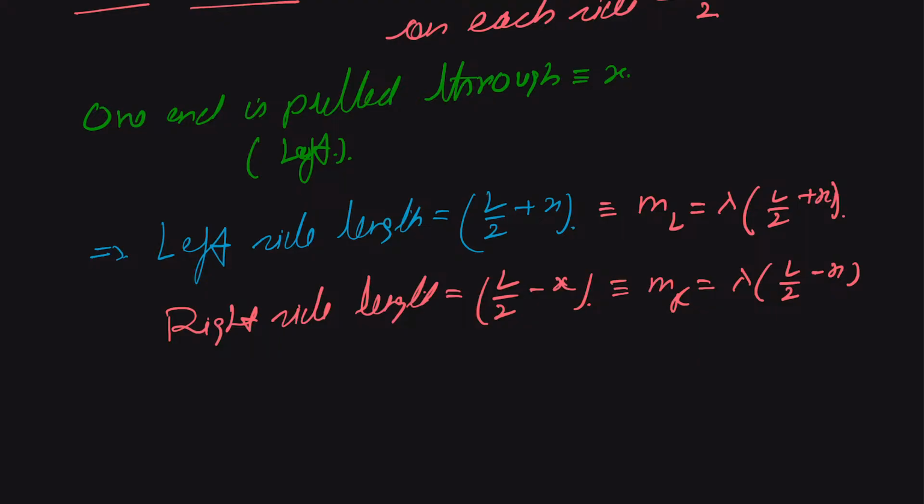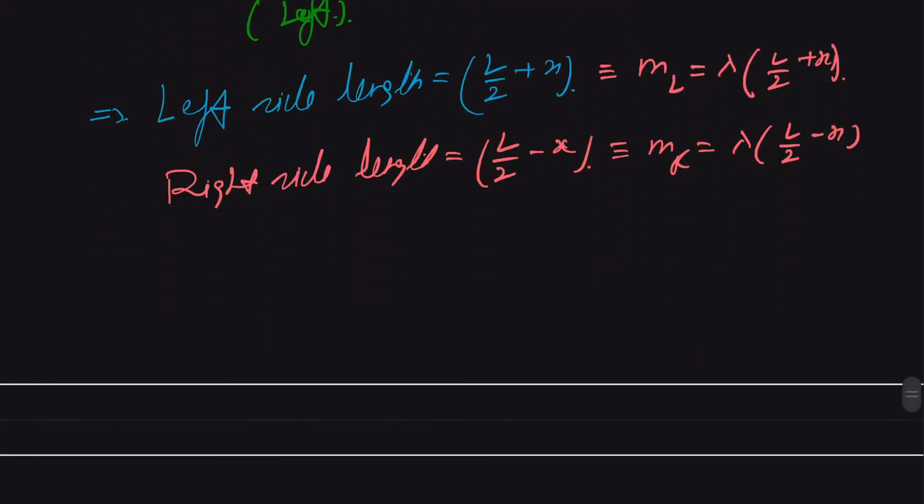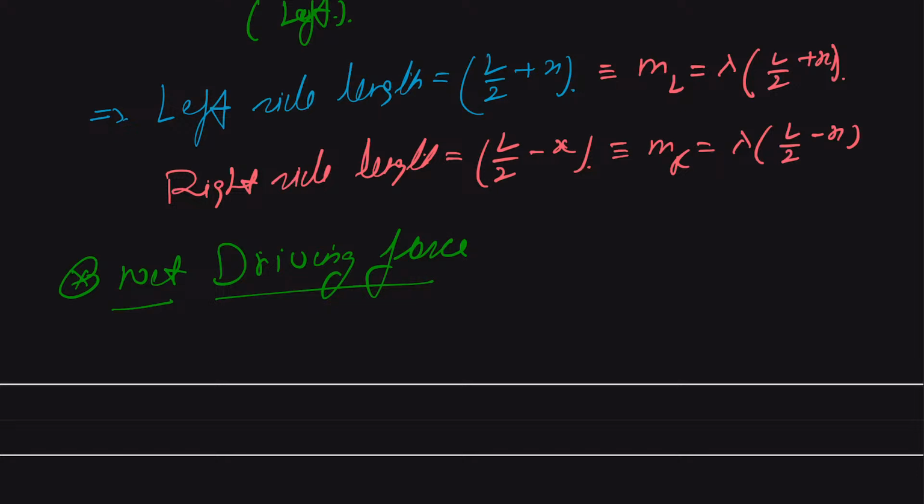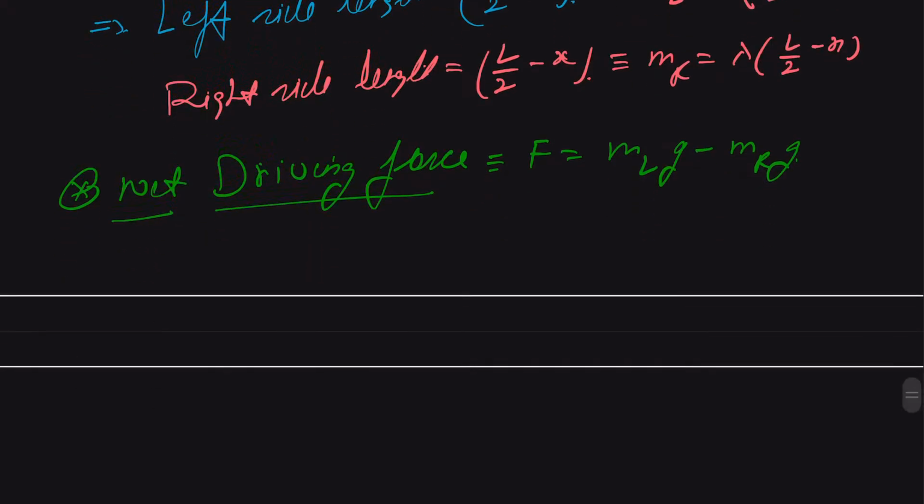And from here we can also say that the net driving force, because both sides now have unequal masses, let us suppose that is F, will be equal to our left side weight minus the right side, because the left side is heavier now.